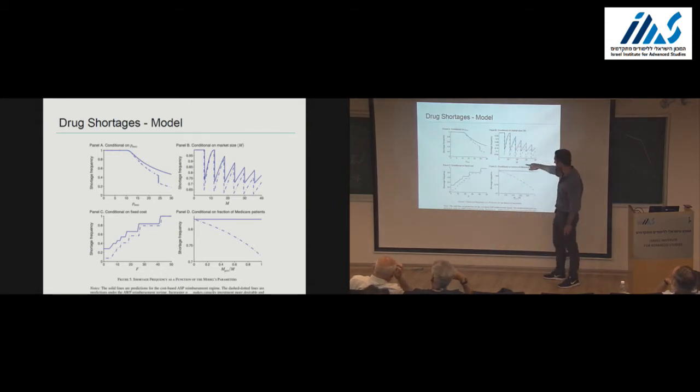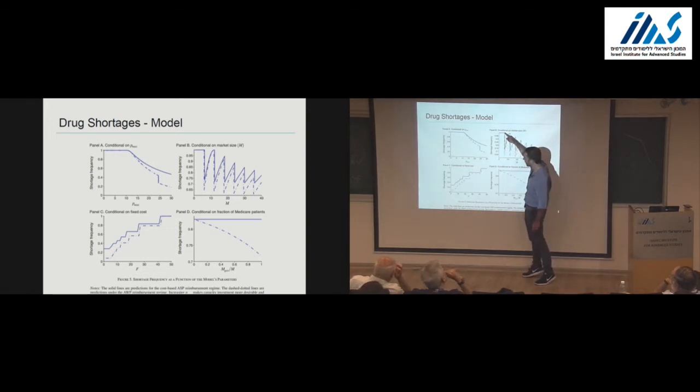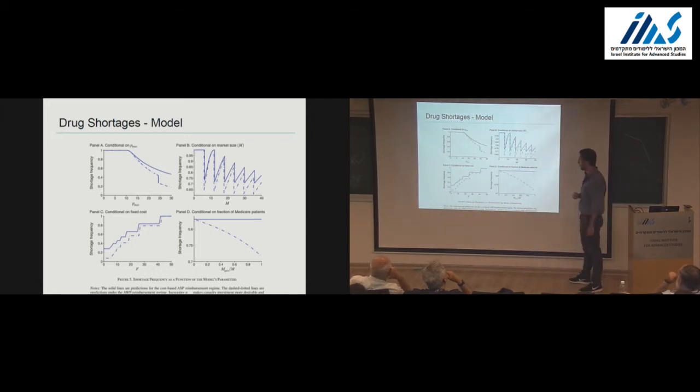And as a function of market size. Market size is interesting because for a given number of firms, as the market gets bigger, you're more likely to get a shortage, because there are more people who want the medicine. But if the market size goes up enough, then a new firm comes in. That's why you get that zigzag pattern.